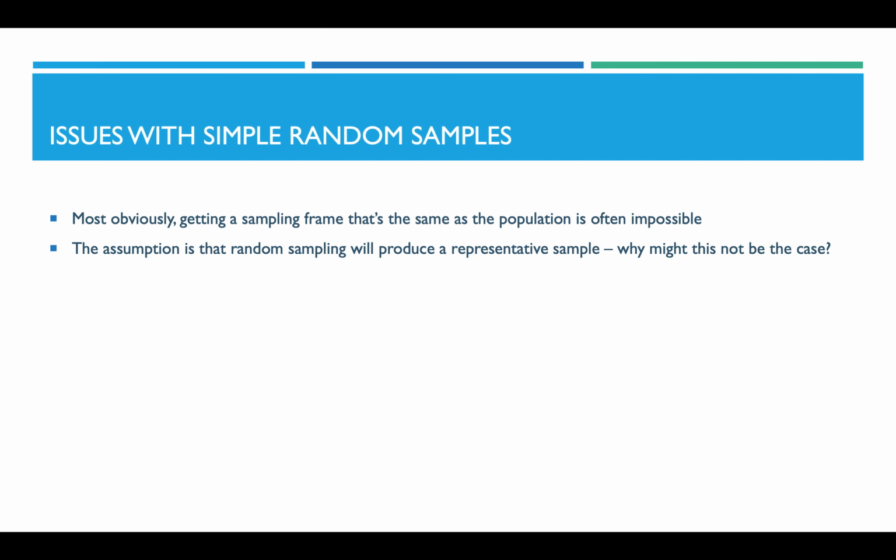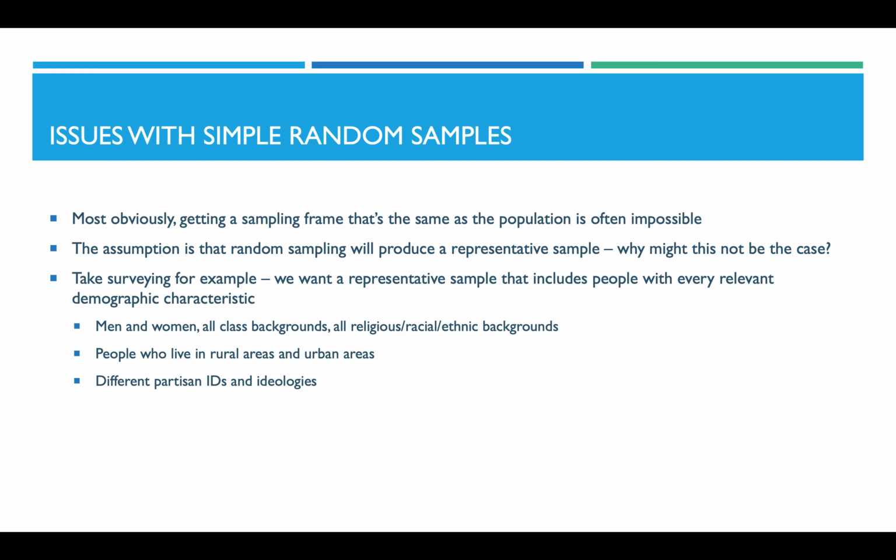Well, now that you've had a couple minutes to think about this, we can take survey research as an example. Say that we want a representative sample that includes people with every relevant demographic characteristic that we might be interested in.